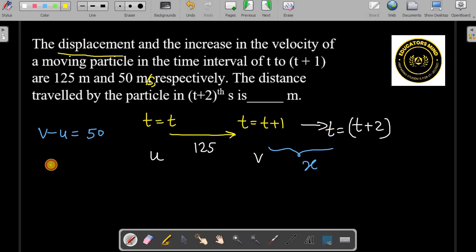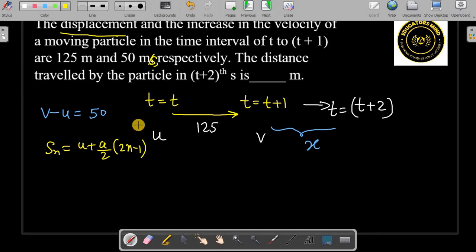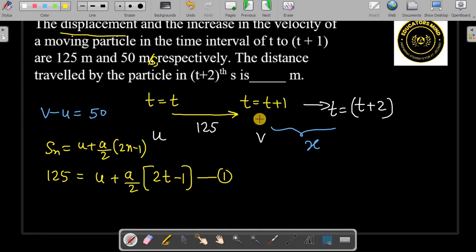So can we use that equation? The displacement in the nth second formula is u plus a by 2 times 2n minus 1. So if I am using that, 125 is equal to initial velocity u, which we don't know, plus acceleration, which we also don't know, so first is 2t minus 1 for the tth second. So we have this equation. Next, we want to find x.